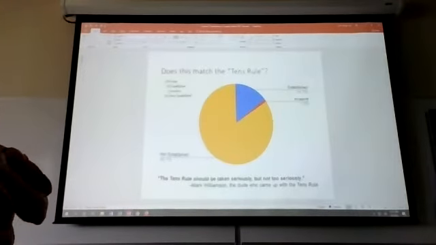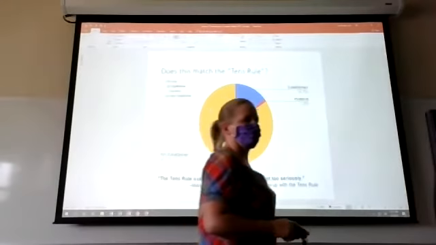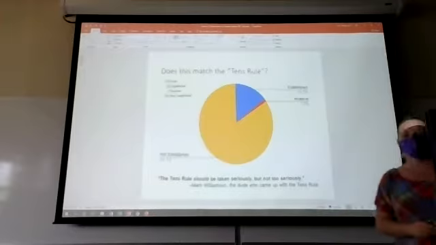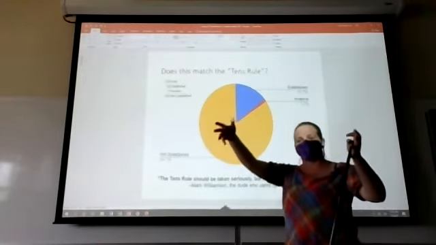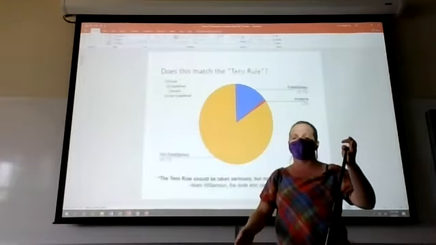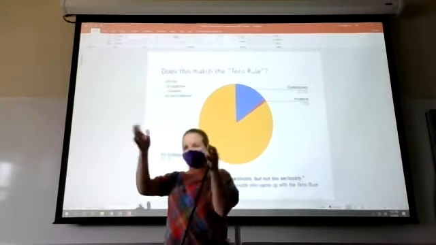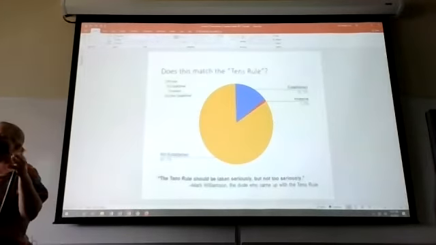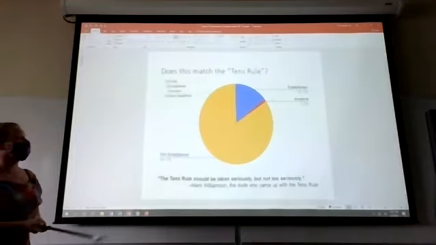Anybody remember? Yeah, so all those species that are brought to a new location, 90% of them are just gonna die off. And then 10% are gonna become established, and then of those 10% established, only 10% become invasive.